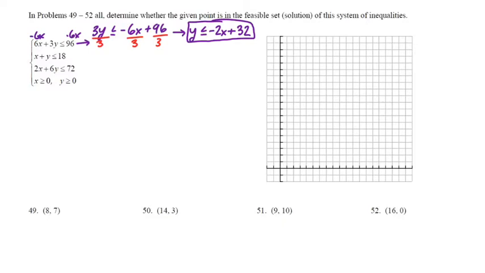And we'll graph that in just a second once we get the other two lines. The second inequality there, I'll do that one in green. That's easy. That's only one move to get y by itself, right? Just subtract the x on both sides. There we go. We've got y is less than or equal to negative x plus 18.